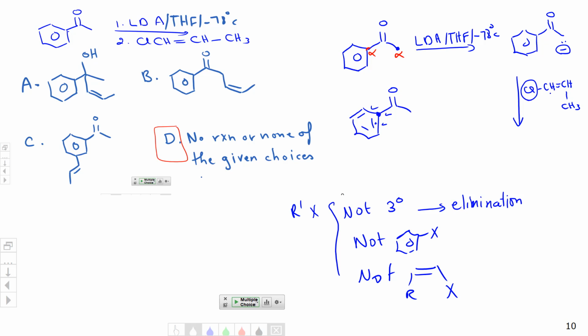Let's look at this one. The Cl is directly connected to the C double bond C. This is a vinyl chloride. So the reaction is going to stop right here. This is going to pick the hydrogen back from the LDA and go back to the starting material. So in other words, this is the limitation in an example.